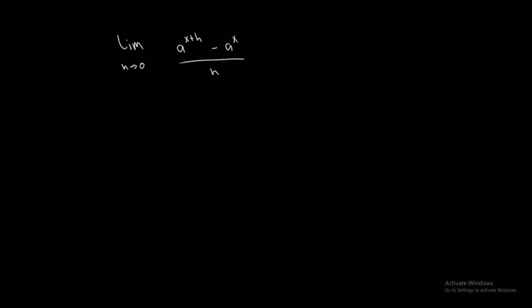Now we're going to do the exact same thing we did a little bit earlier, where we split these two up. Again, then we factor. So I can then say a to the x times a to the h minus a to the x over h. We can now factorize. So the limit as h approaches 0.